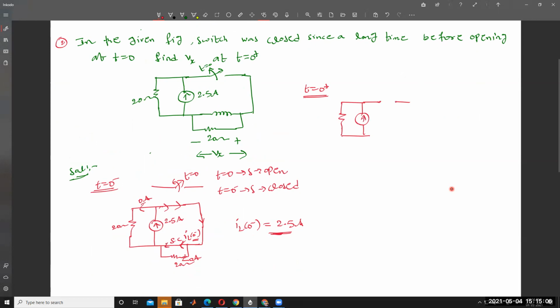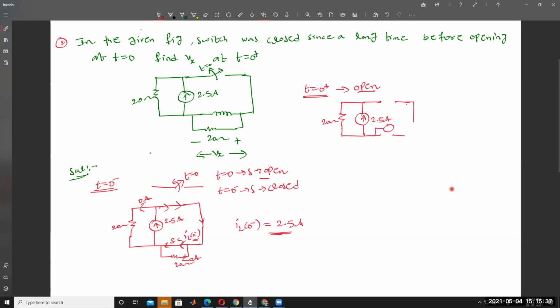It acts as an open circuit. And also at t is equal to 0 plus, the switch is open. So this is 2.5 amps. Here 20 ohms, and here the connected inductor acts as an open circuit, but with a current source.